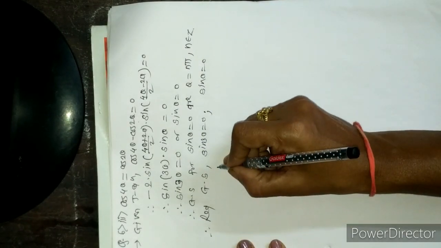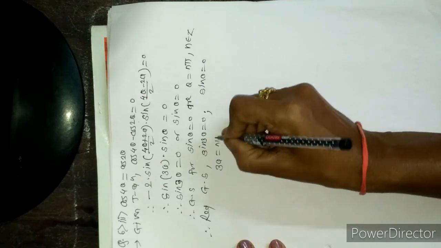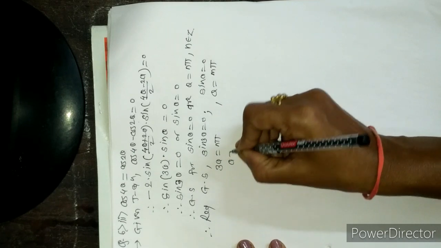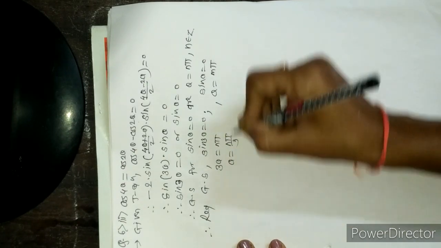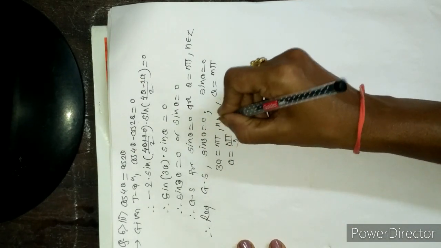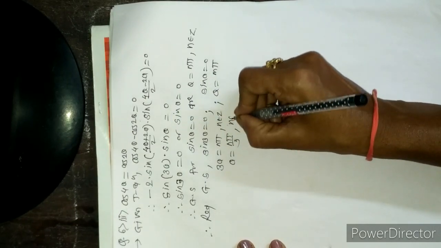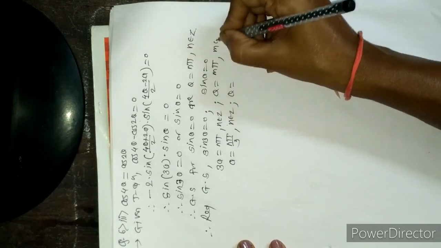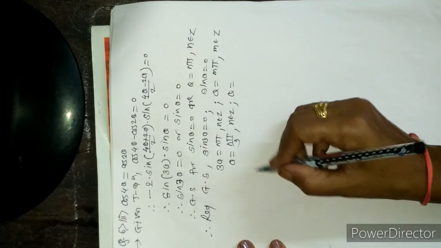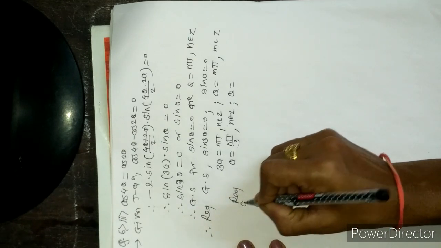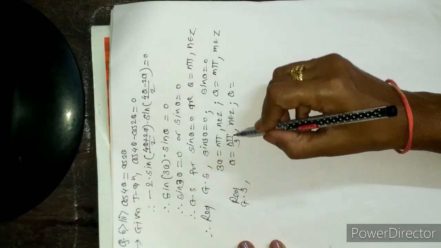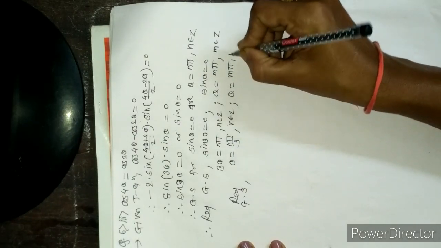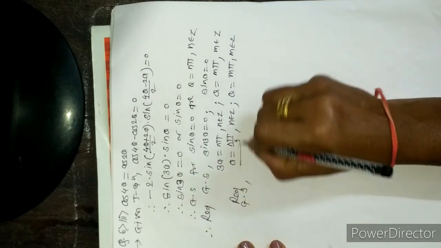We get 3 theta is equal to n pi, so theta is equal to n pi by 3, where n belongs to Z. For the second, theta is equal to m pi, where m belongs to Z. And therefore the required general solution is theta is equal to n pi by 3 and theta is equal to m pi, m belongs to Z. So this is the final answer.